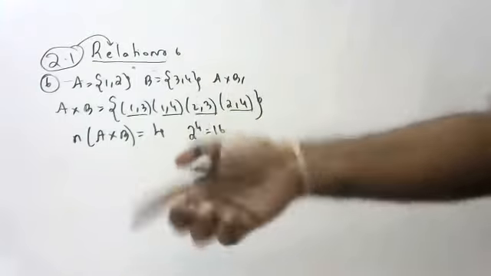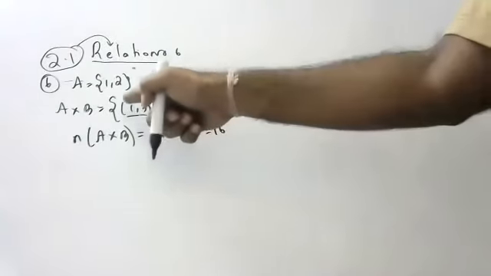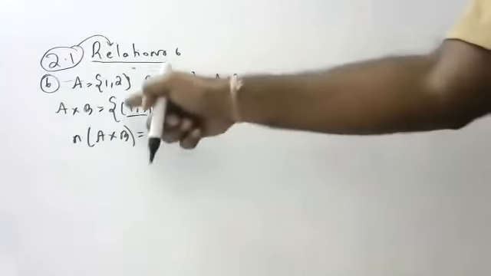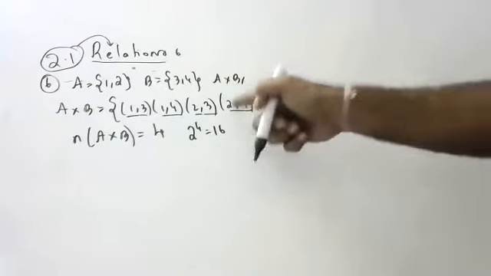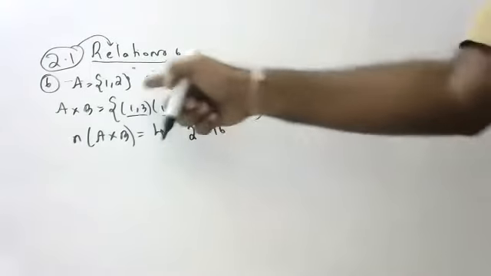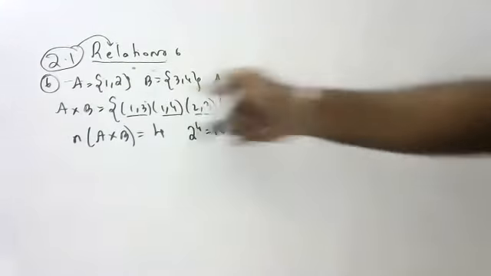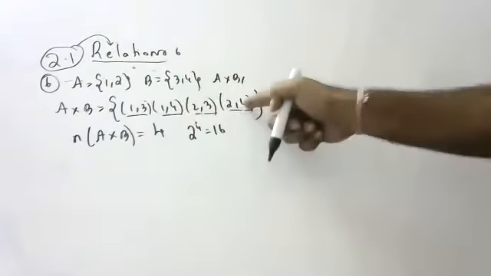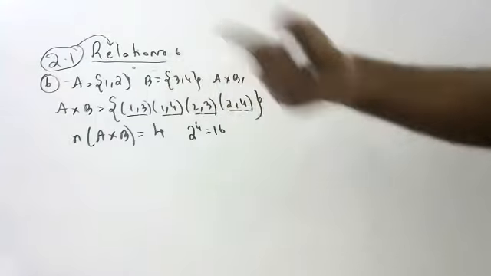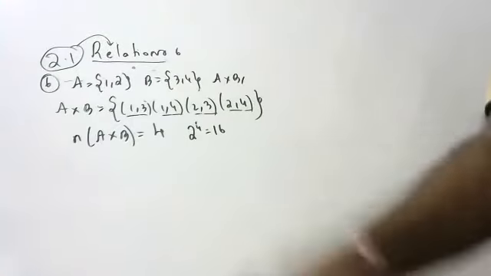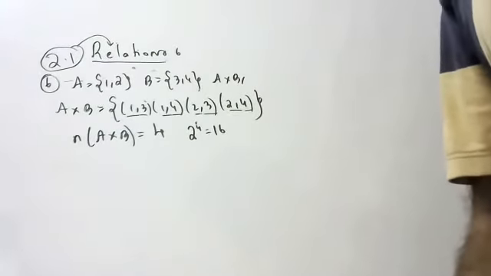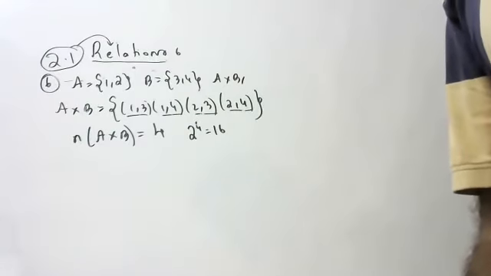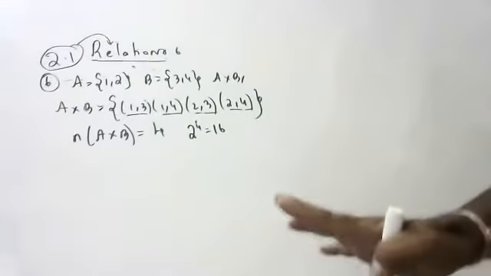You may ask how, sir? 1 comma 3 is a subset of all these things. 1 comma 4 is a subset. 2 comma 3 is a subset. 2 comma 4 too. These pairs are all subsets. Like that, with different arrangements, if you keep on doing, children, you can write all the different subsets. You will get a total of 16 subsets, children.